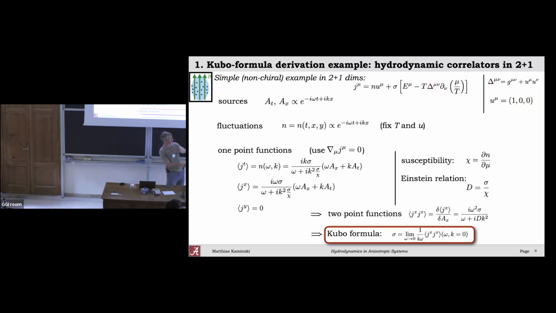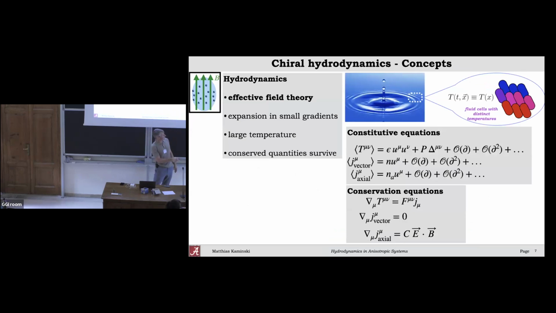I've set a few things to be fixed to keep things simple: the temperature and the fluid velocity. The only thing that changes is the charge density. Then you can write down the one-point functions from the constitutive relation, and then you use the conservation equation in expressing, oops.